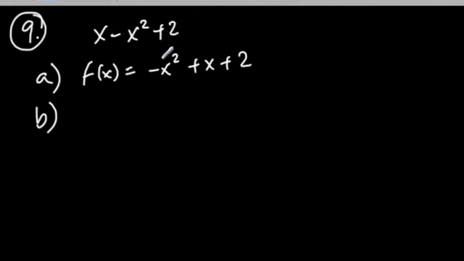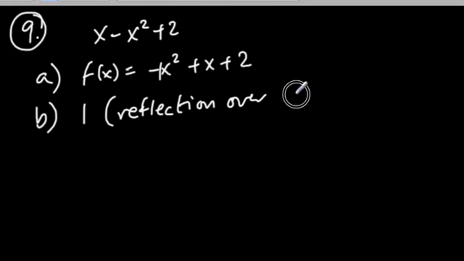So what is our vertical stretch? Our vertical stretch is not negative 1. I could have just put a 1 there. It's 1, but the negative tells us that there's a reflection over the x-axis. Okay, so this is something to remember.